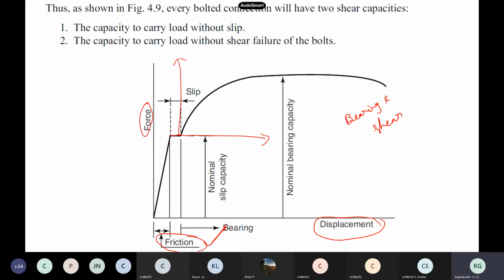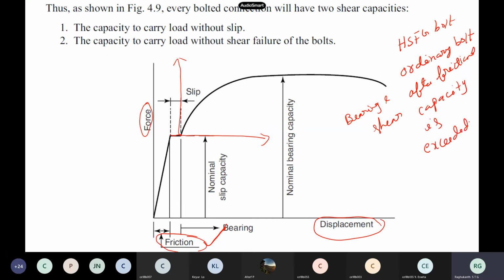So that is how we see the design. The HSFG bolt becomes the same as an ordinary bolt once the frictional capacity has been exceeded.